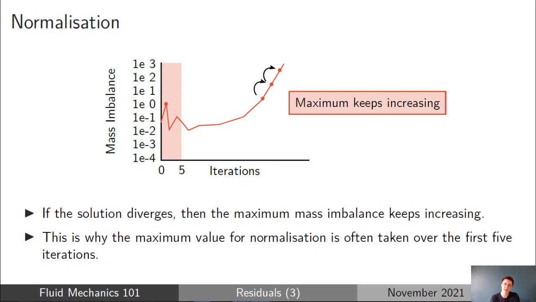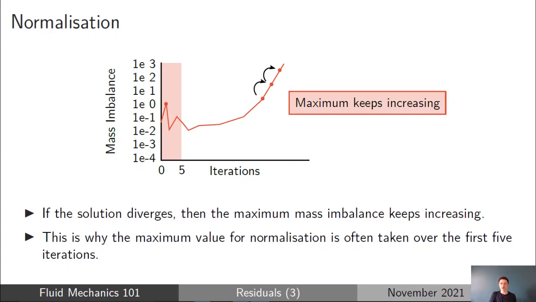That would lead to erroneous behavior, where if we're dividing by a larger and larger value, we may think that we're not actually diverging. It may disguise the values. This is why we often limit our normalization value to the value within the first few iterations. It's to avoid this case where, if we do start diverging, the maximum value keeps increasing over time.